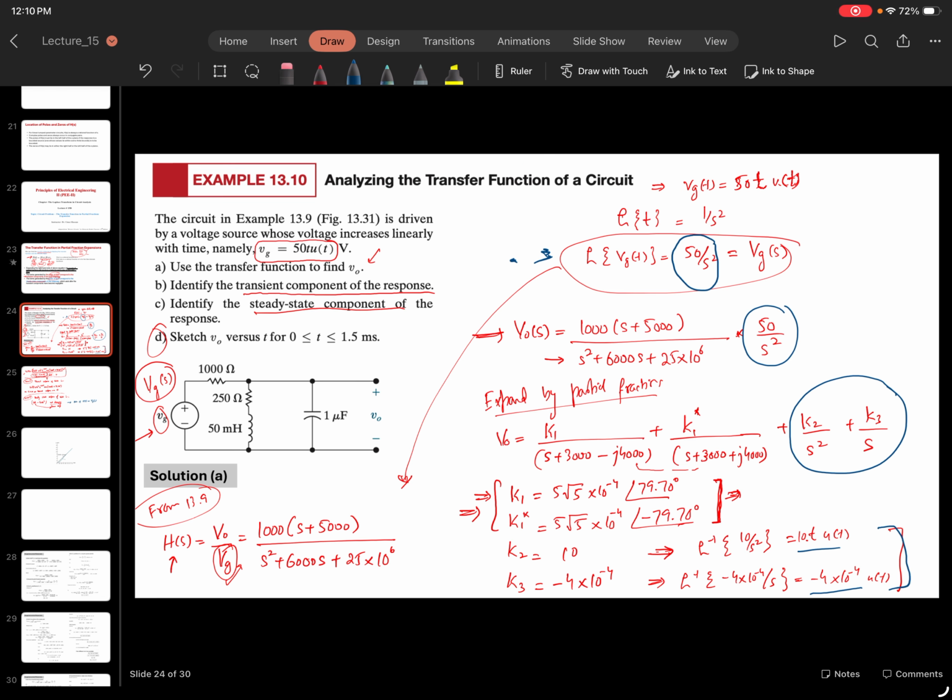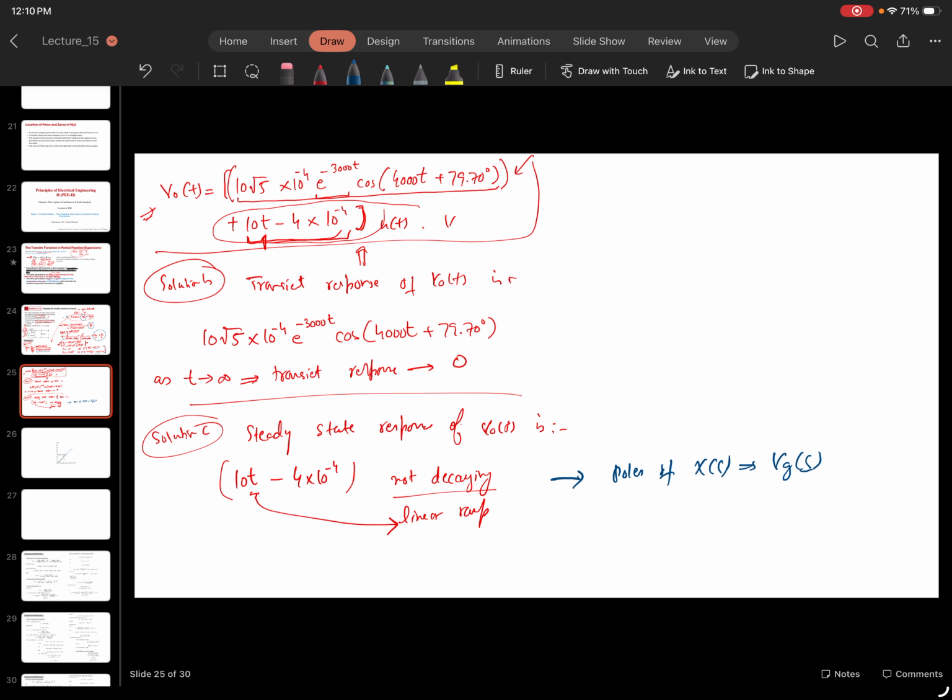And if I go back, here is my transfer function, which has a denominator of this quadratic equation. It was producing these two complex conjugates, the other two poles which are generating the transient terms. Sorry, this is your H of s, the transfer function. Steady state response is from the poles of the input, and the transient response is from the poles of the transfer function.